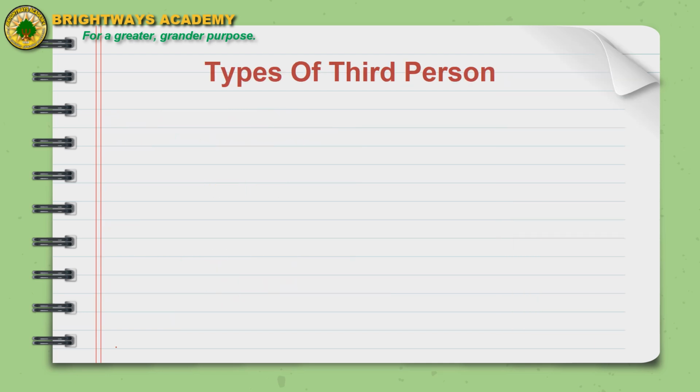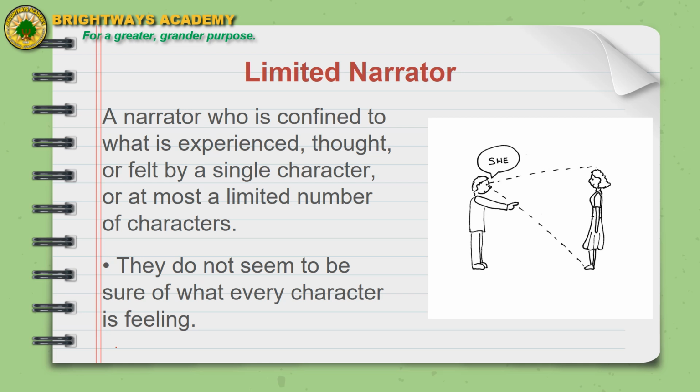And now, let us talk about the types of third person. The first one is the third person limited or the limited narrator. In this point of view, the narrator observes the characters and events from an external perspective, but has access to the thoughts and feelings of one character.